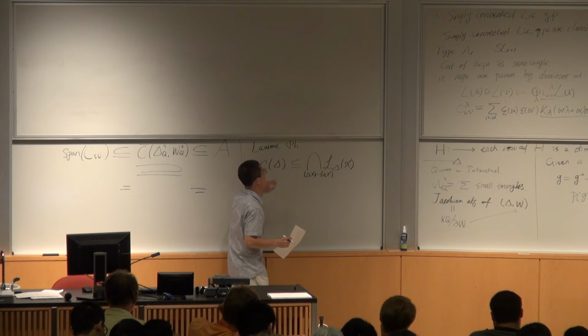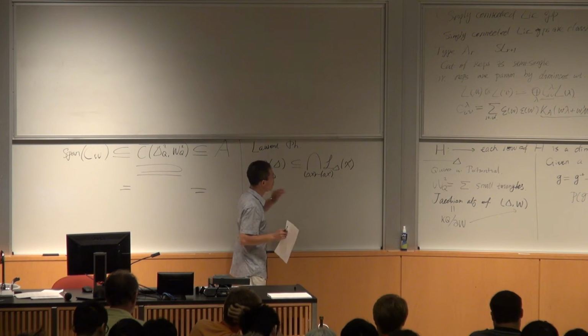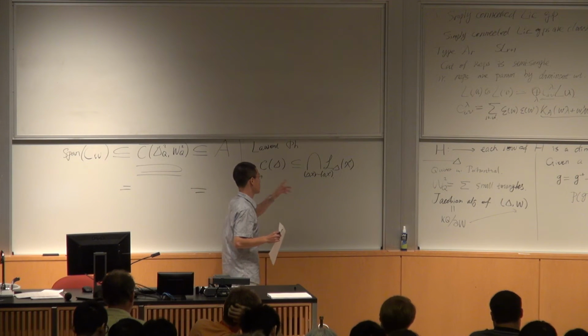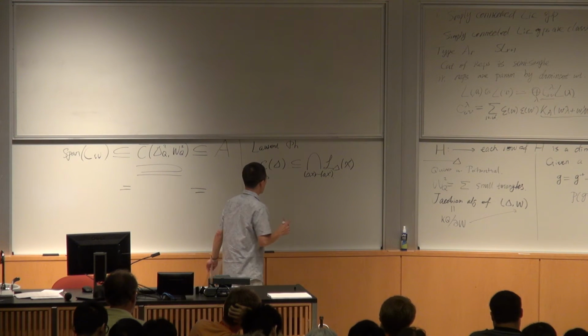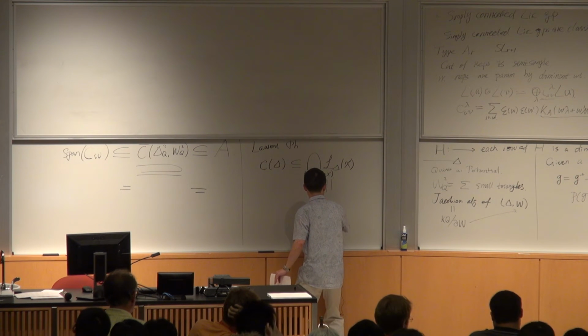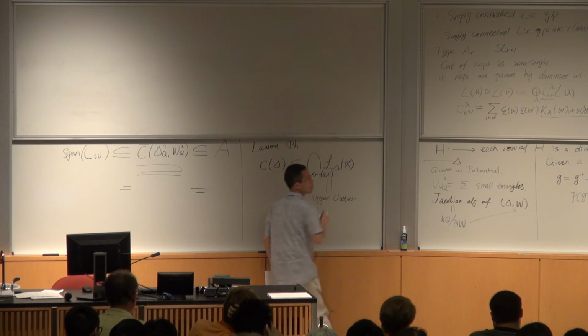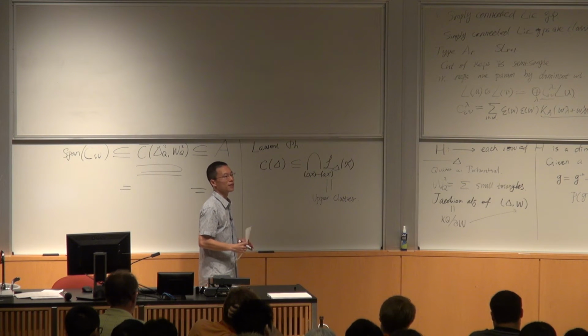So this is a rephrasing of the Laurent phenomenon: the cluster algebra lies in the intersection of all possible Laurent polynomial rings in clusters. By definition, this intersection is equal to the upper cluster algebra. This is the original definition of Fomin-Zelevinsky.